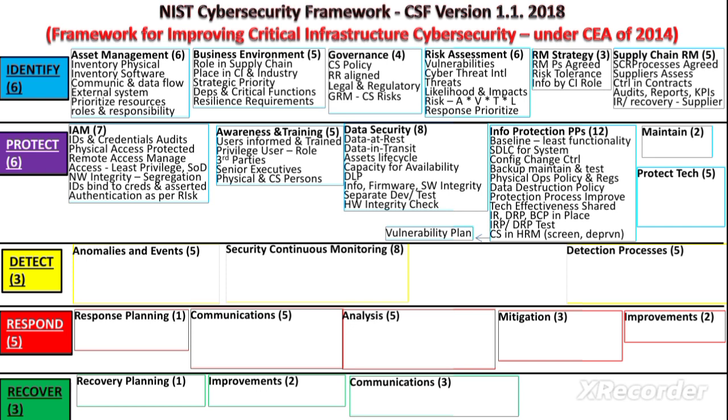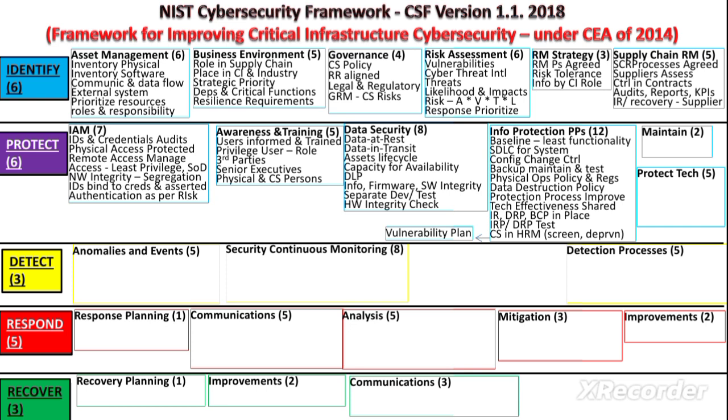Then you have to define and ensure and implement the data destruction policy, and then you have to continuously improve your protection processes, and then you have to share the effectiveness of the technology and controls you have implemented to protect the information.